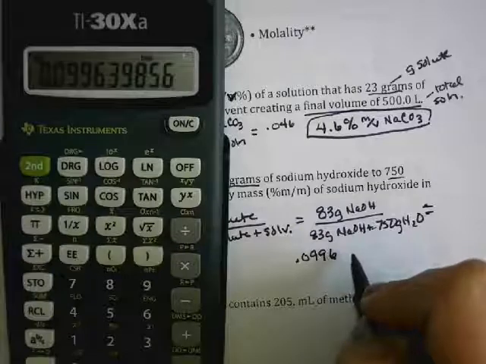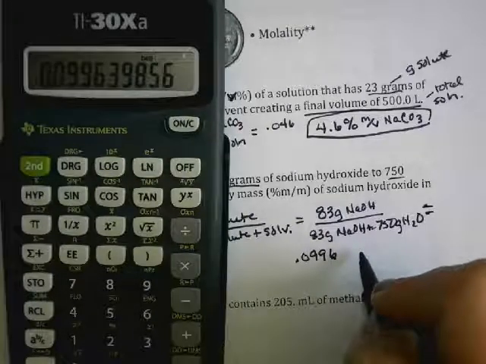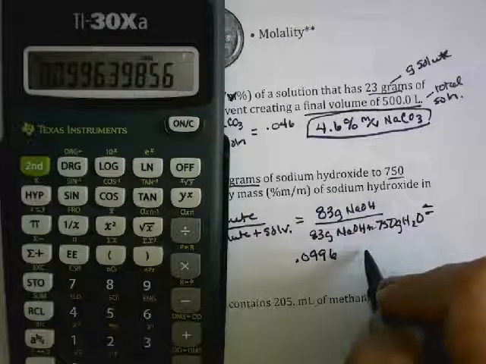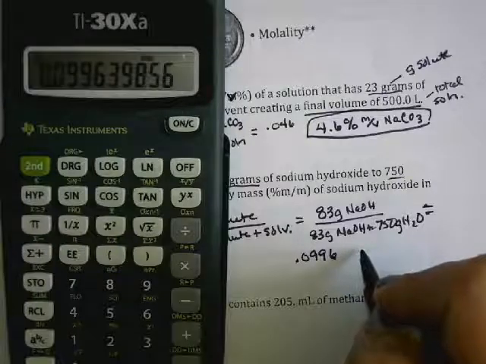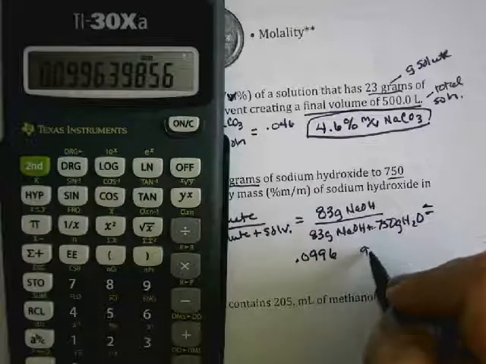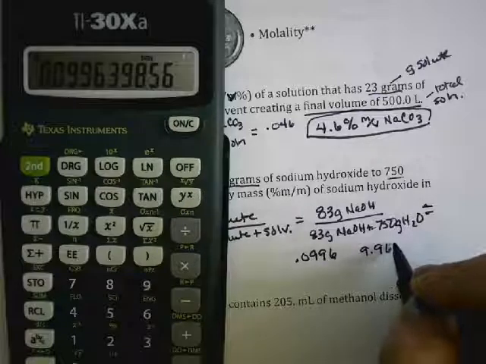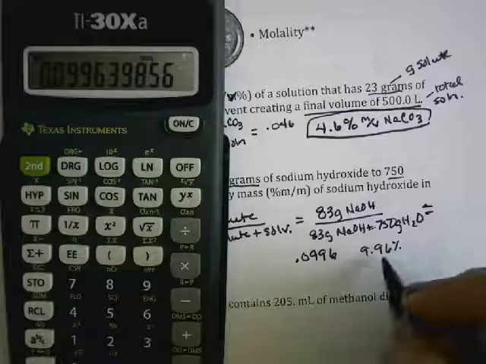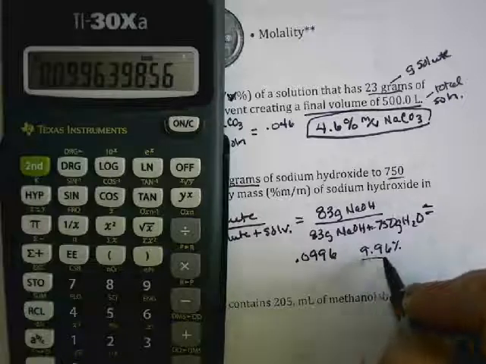We need to put that into a percent. So I'm going to multiply it by 100 and then divide it by 100 with my symbol. So I keep the same number, 9.96%.